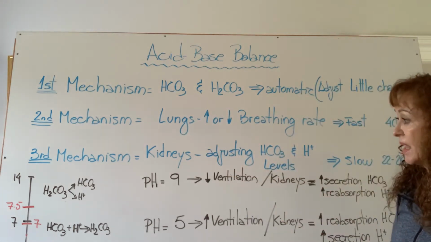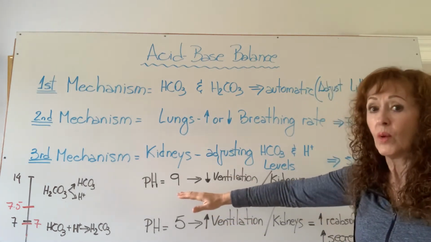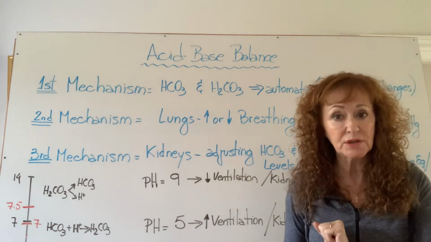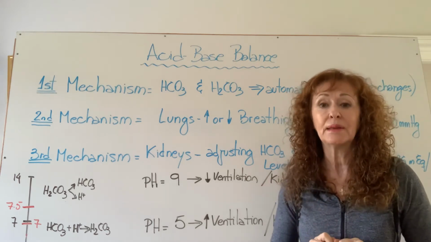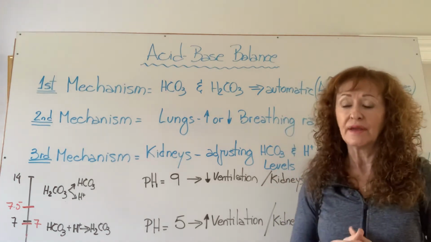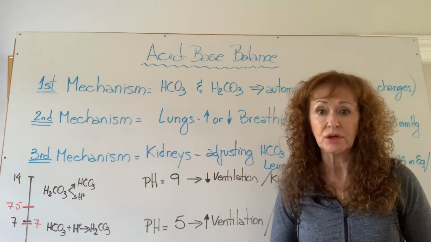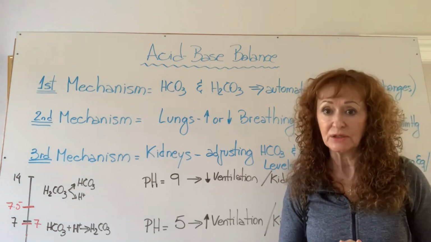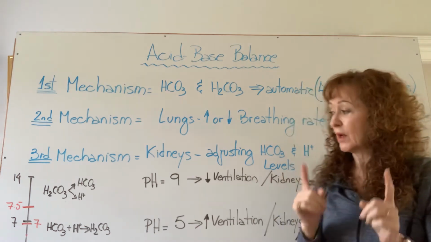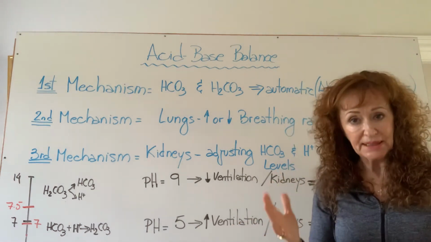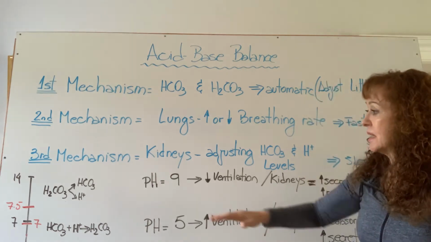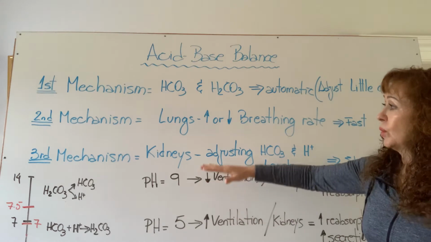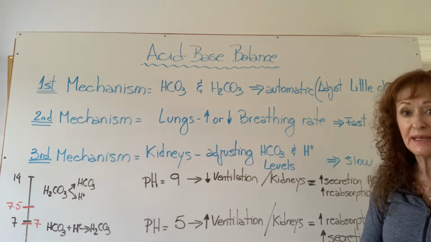In this scenario, we are going to use the respiratory system if possible, because what happens if the patient has a restrictive respiratory disorder and we cannot use the respiratory system much? That is a problem. However, let's pretend that is not the case. When we have a pH of 9 or above, we need to engage the respiratory system.